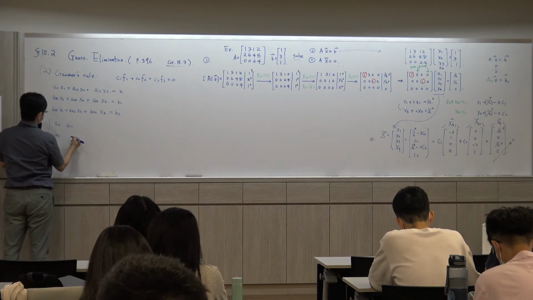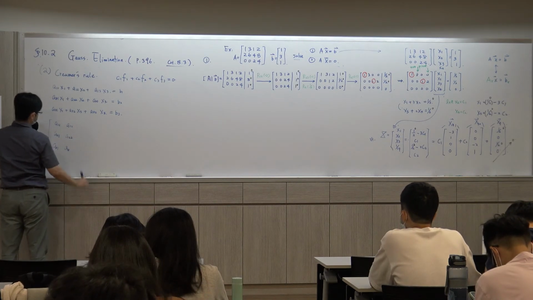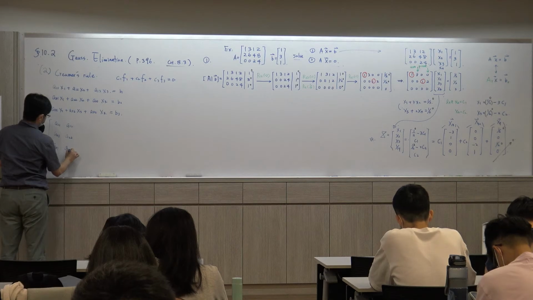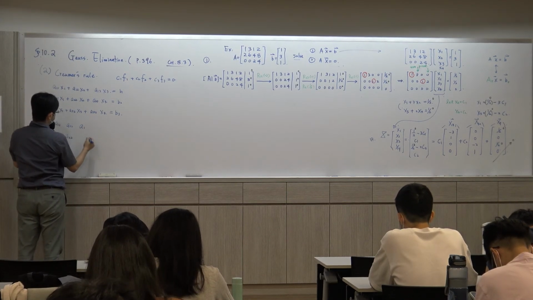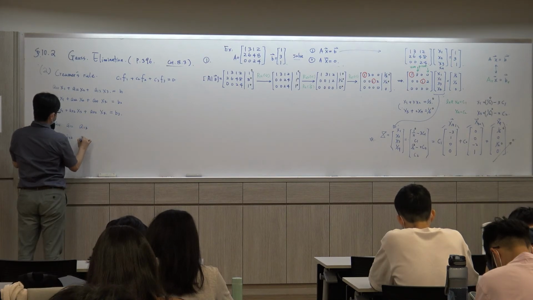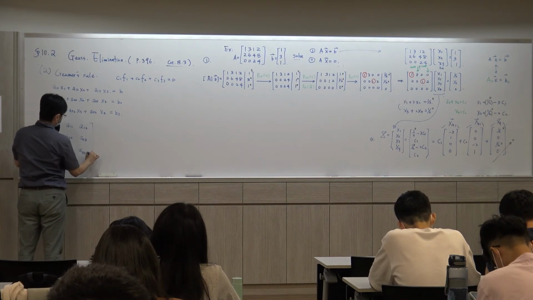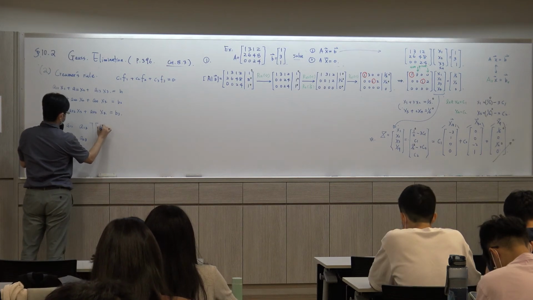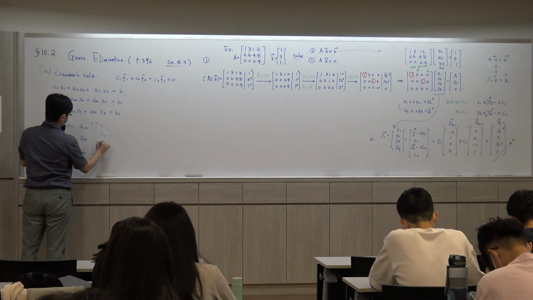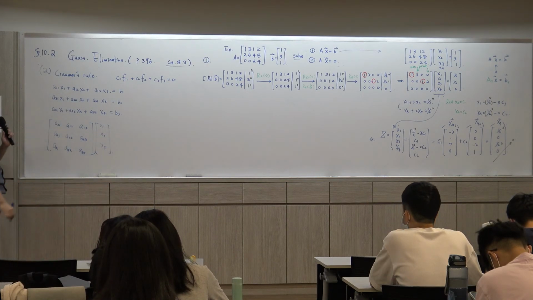The first row, second column. Second row, second column. Third row, second column. First row, third column. Second row, third column. Third row, third column. Right?